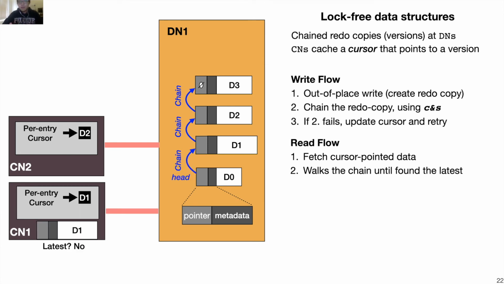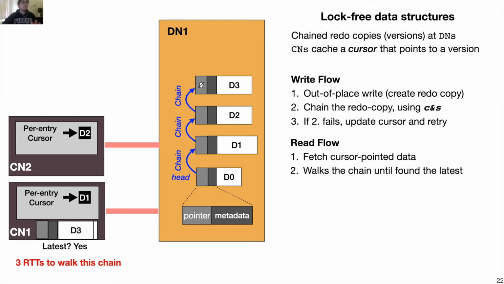After receiving the data, CN1 will check if this is the latest by checking whether the pointer is empty. If not, it will do chain walking until it finds the latest version, D3. In total, it takes CN1 3 RTTs to reach the latest version. The reason CN1 needs to do chain walking is that there are concurrent writers like CN2, which make CN1's cursor outdated.